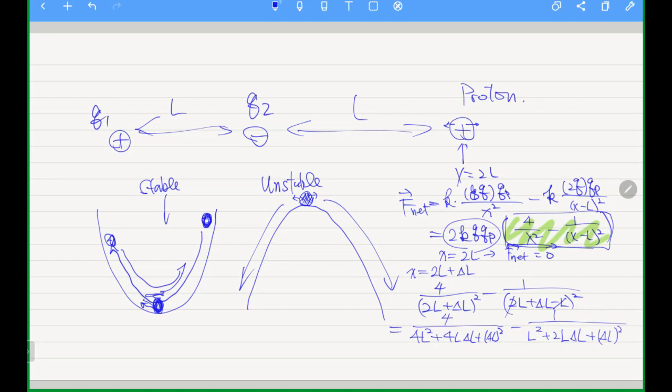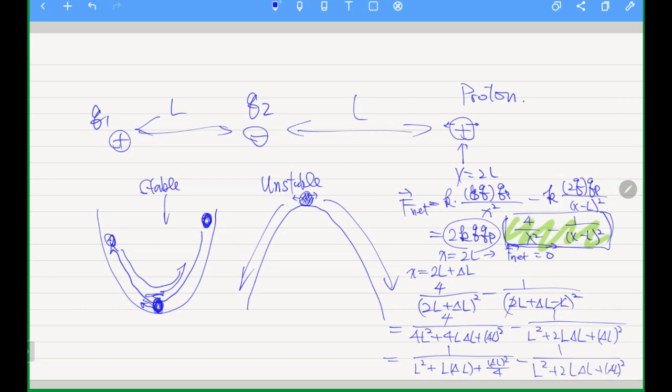Okay, so we try to do a bit more. So it is 1 over L squared plus L times delta L, plus delta L quantity squared over 4, minus 1 over L squared plus 2L delta L plus delta L squared.